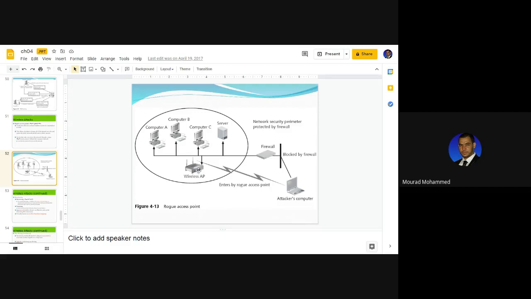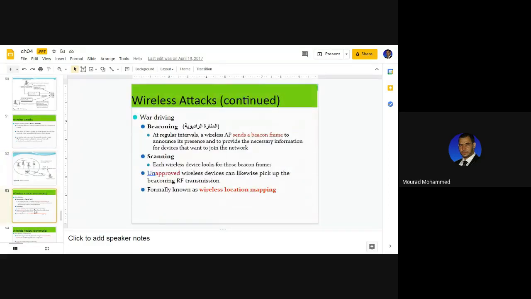So the rogue access point is a weakness inside the network, in wireless mode. These are scenarios via which we see attacks happening using wireless technologies.